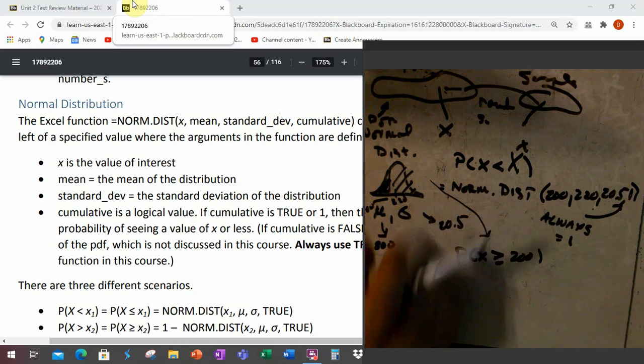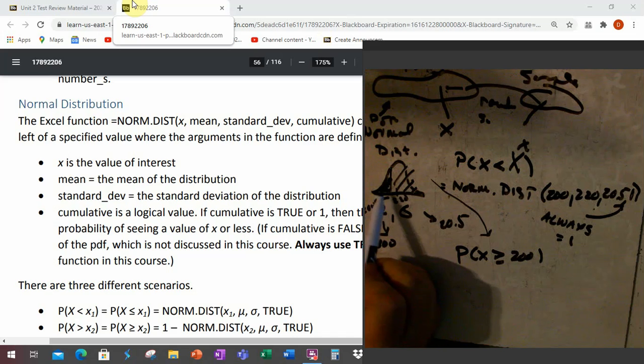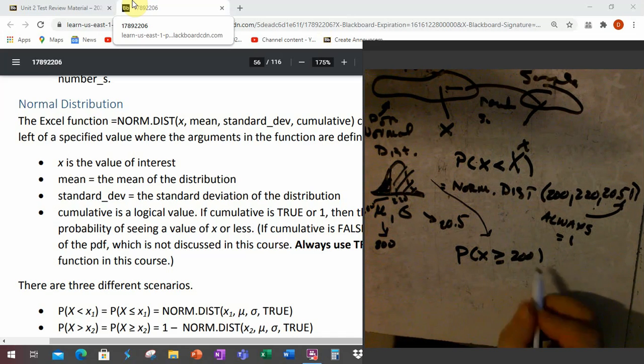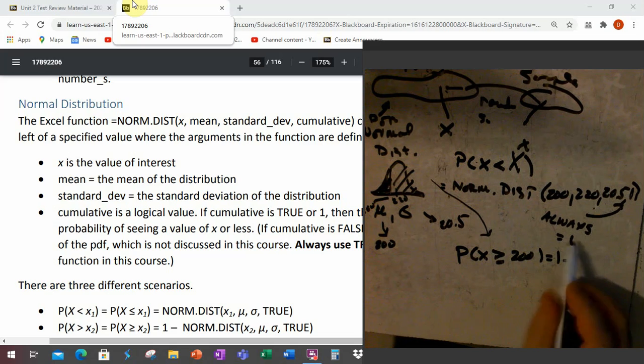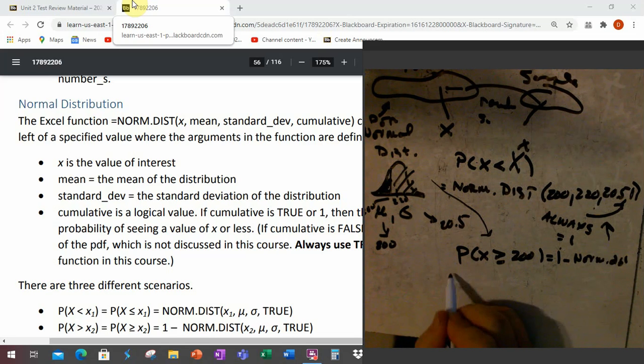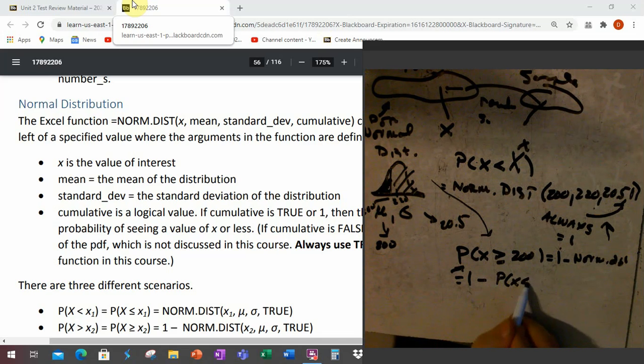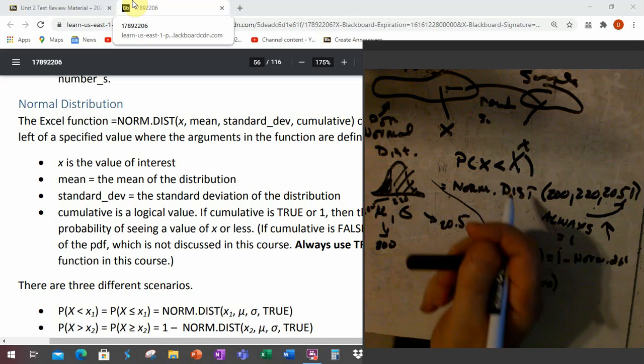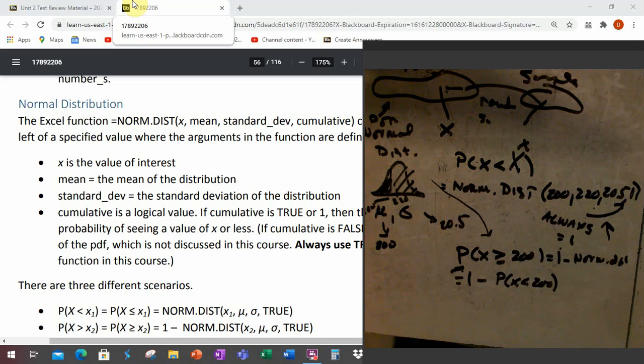We know everything in the area is 1, and we just say, well, this area is 1 minus this stuff that we can do. Okay. So we'll do 1 minus the norm.dist, and it would be the very same, but it's 1 minus, okay? This thing right here is the very same as 1 minus the probability x less than 200. And this is what we just did.